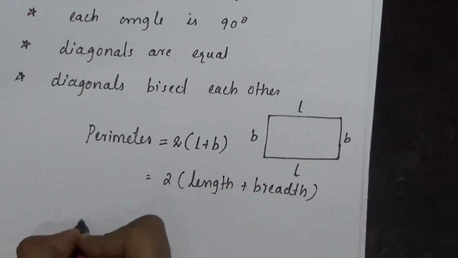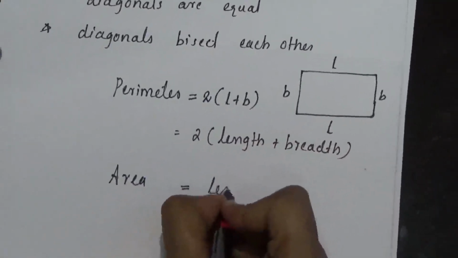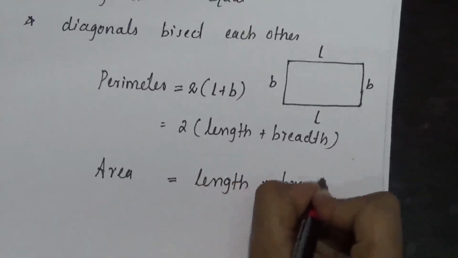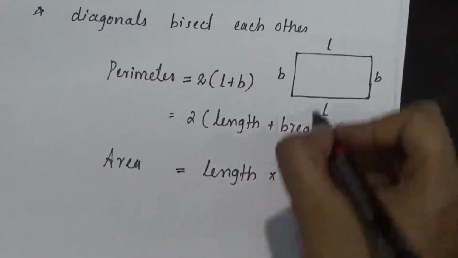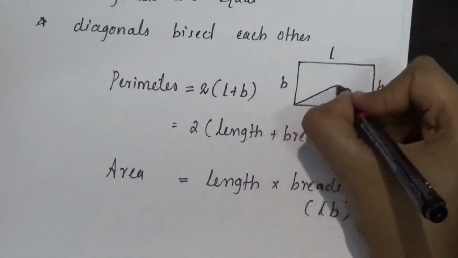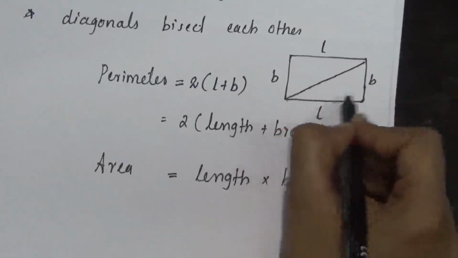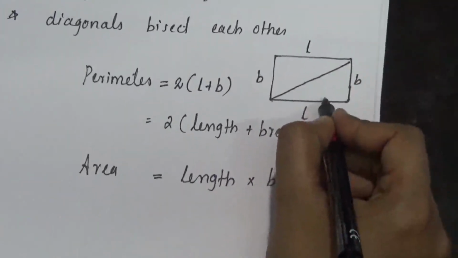Okay. And area. Area of a rectangle is length into breadth. LB. Okay. Now what about the diagonal? Here these two measures are different. This is L and this is B. So to find the length of the diagonal, let's use Pythagoras theorem.